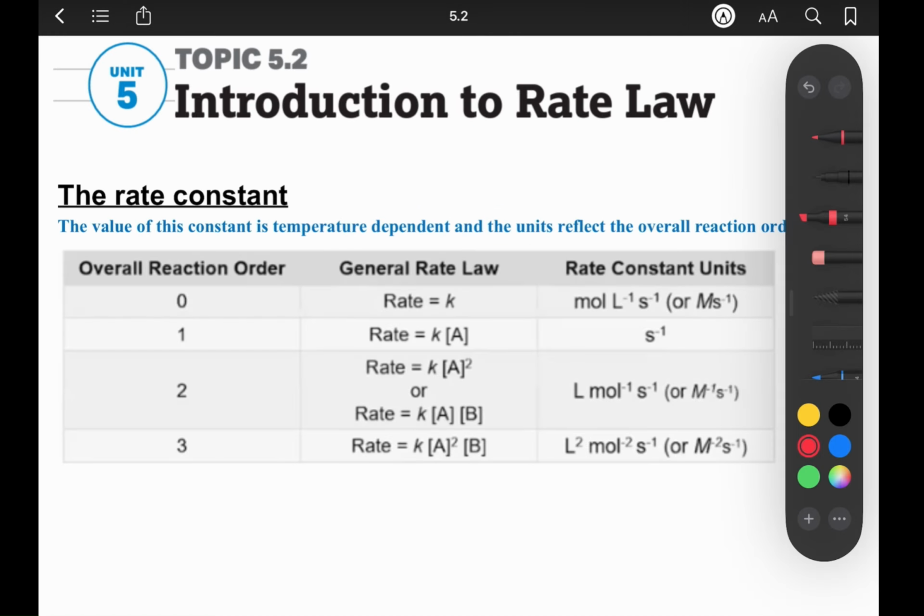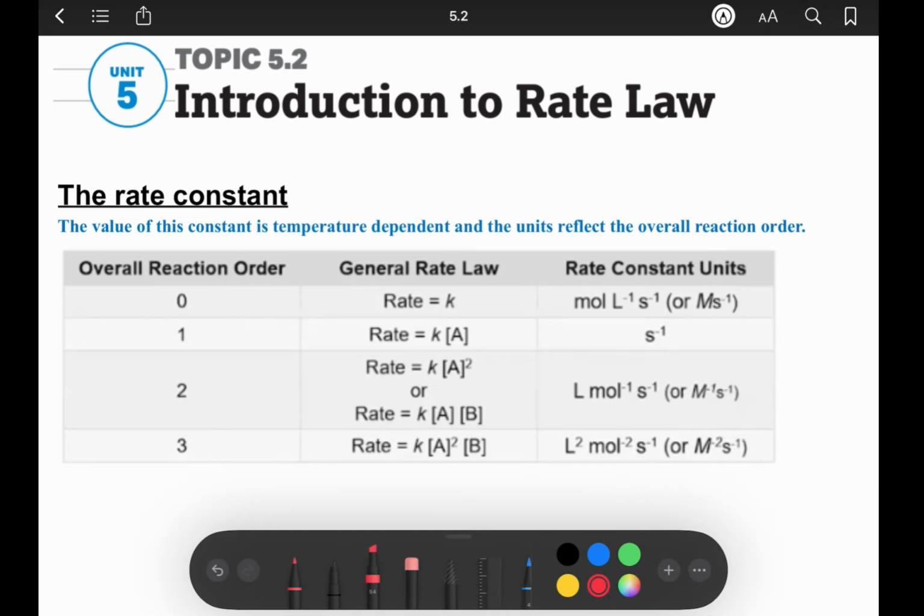All right, let's talk about the rate constant in more detail. The rate constant K can tell me a lot of information about the order of the reaction. For example, for a zero order reaction, the unit of K is M per second.